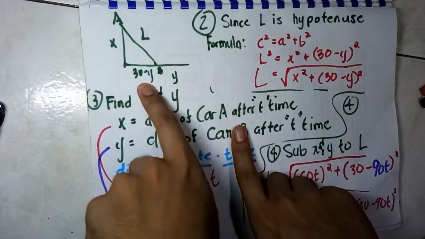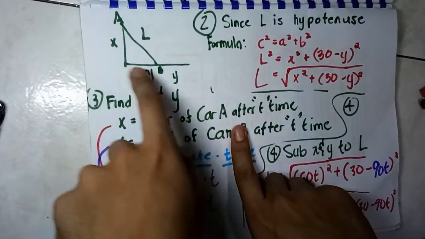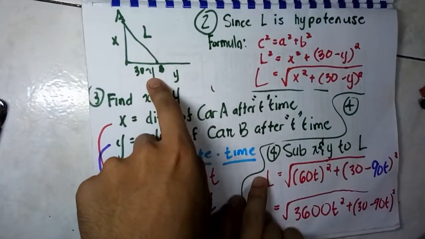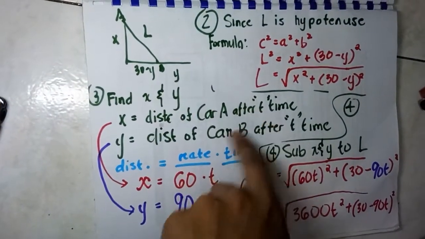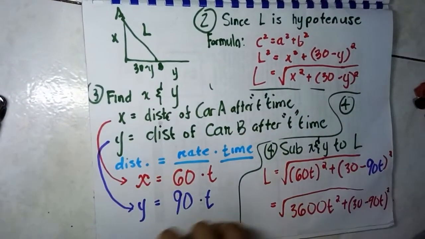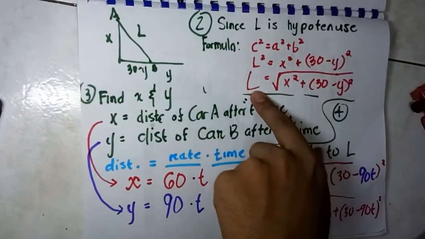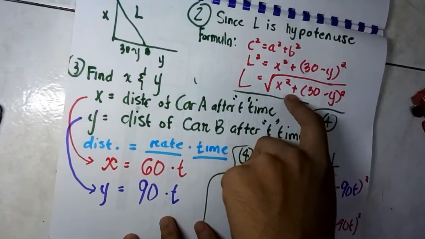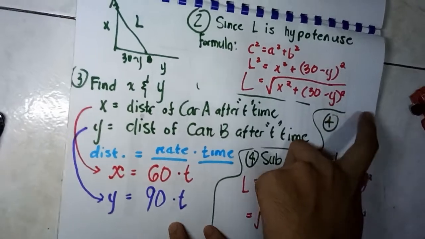But where did the 30 minus y come from? It's the 30 miles distance minus the distance that y has covered. You see? And we find L. The answer for L is the square root of x squared plus (30 minus y) squared.